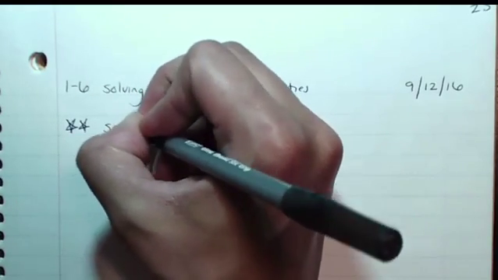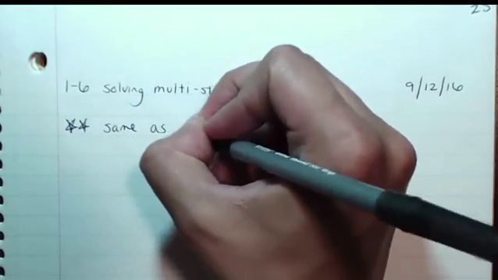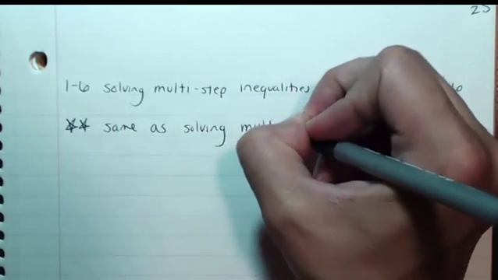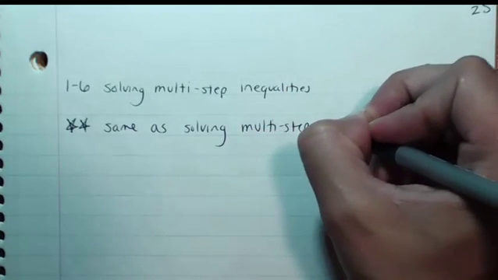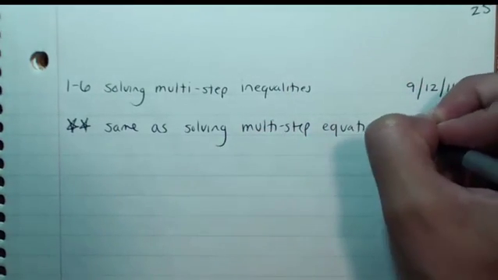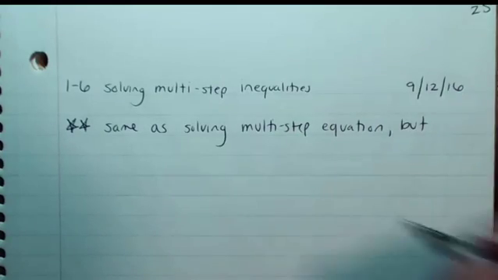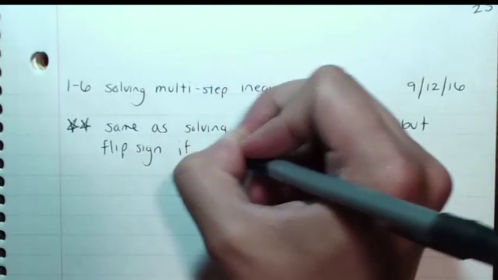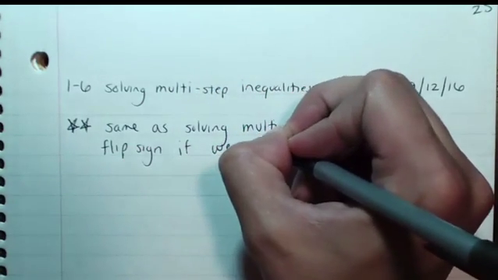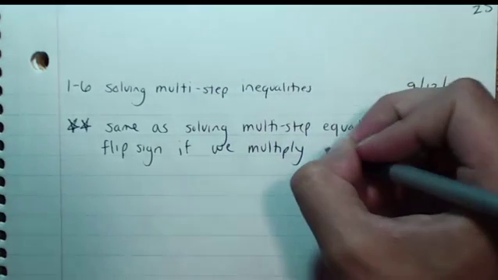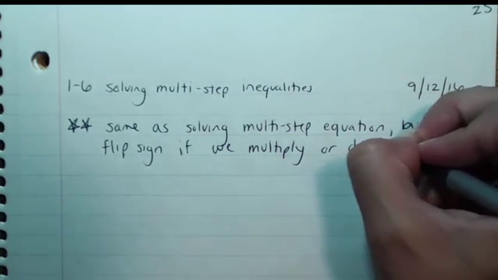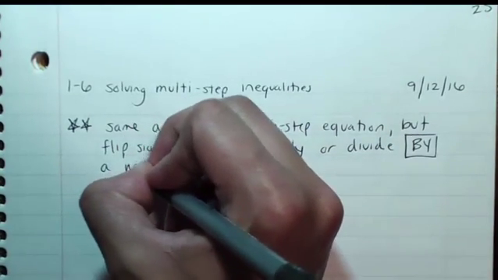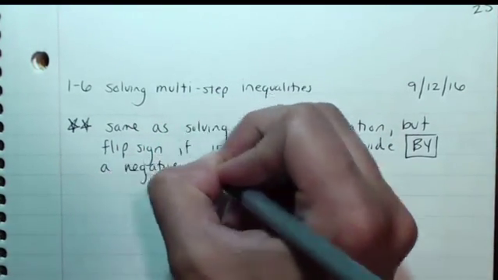But the trick we have to remember is we have to flip the sign if we multiply or divide by a negative number.